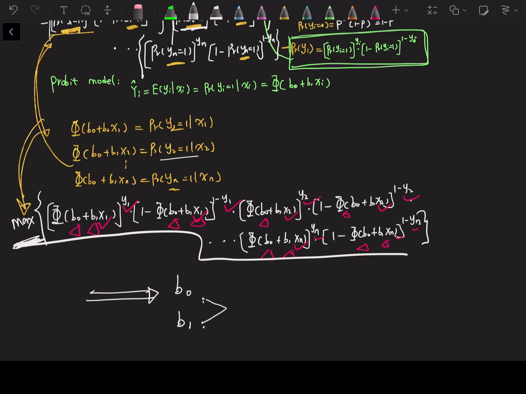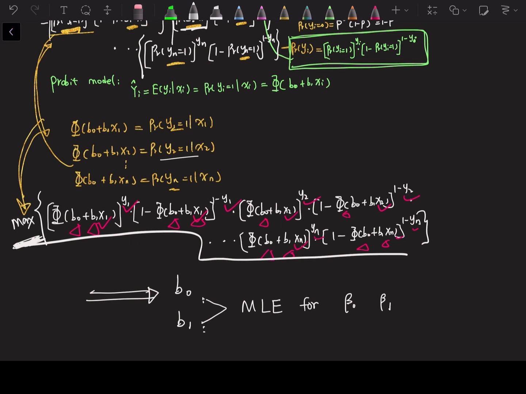For example, b0 is 4, b1 is 5, just an example. And we call this the maximum likelihood estimator for the corresponding population parameters beta 0, beta 1, because we maximize a likelihood function.